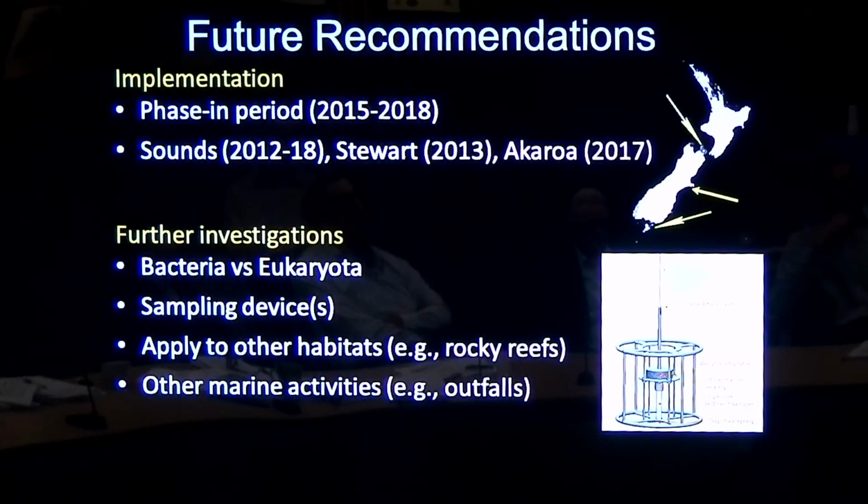Also, we will test the tool in other environments, such as rocky environments, which is very relevant currently with the aquaculture industry tending to go to high flow sites, which are characterized by more rocky reefs. And finally, also test it for other marine activities, such as mussel farms or pools.